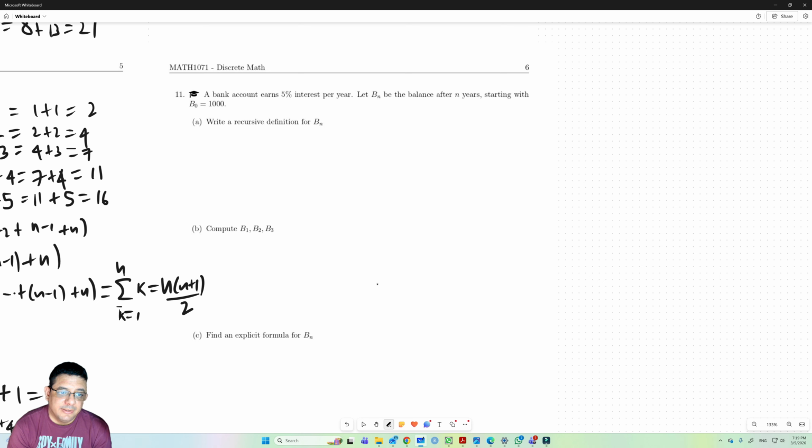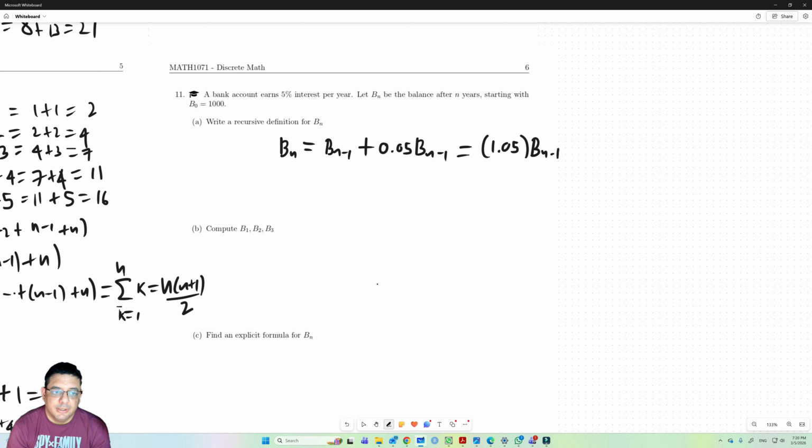Well, notice that the balance in the year n is just going to be the balance in the year n minus 1 plus the 5% of interest on the year n minus 1. So notice that we can kind of factor the Bn minus 1, and this will be 1.05 Bn minus 1.